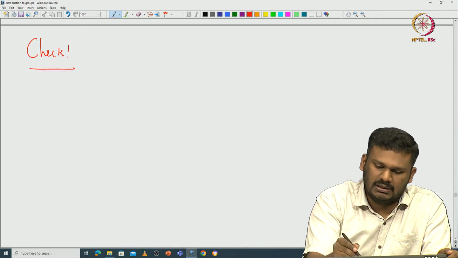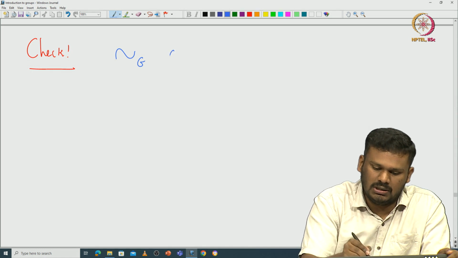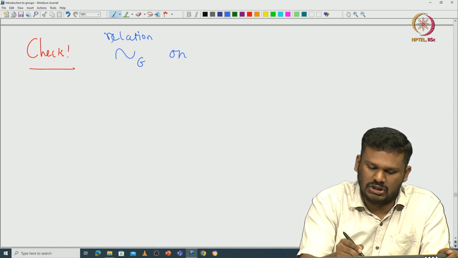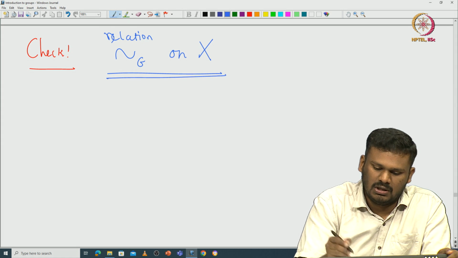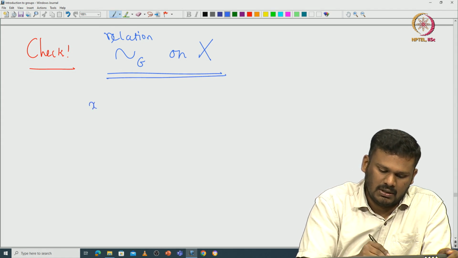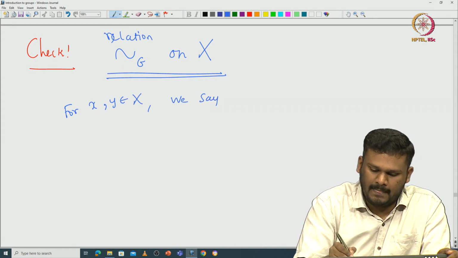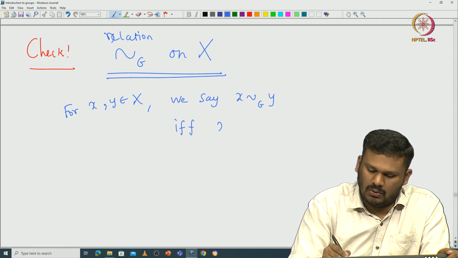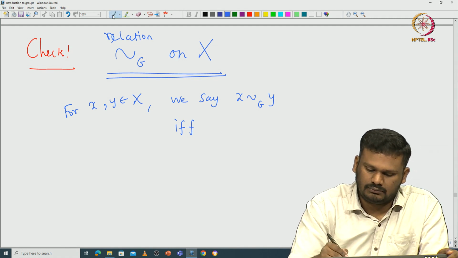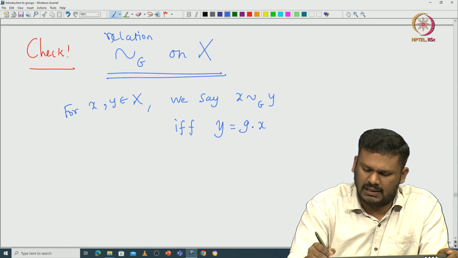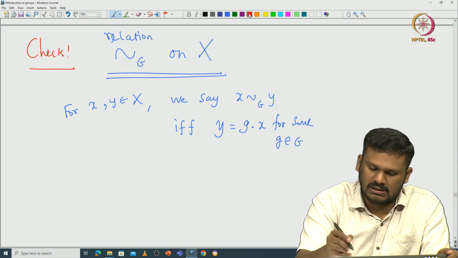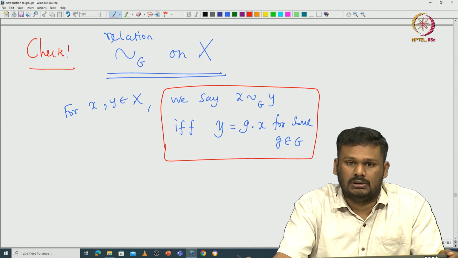So, we are defining this relation, let us define this tilde G. This is a relation, tilde G on capital X. For x, y in capital X, we say x is related to y if and only if y is a conjugate of x, that is, y equals g dot x for some g in G. So, this is our definition of the relation.